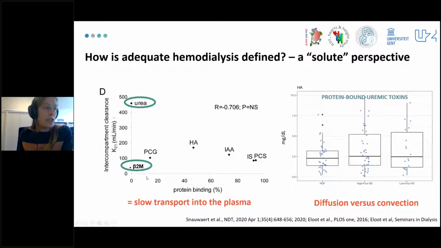If you then look at beta-2 microglobulin, the intercompartmental clearance is only 6% of that of urea. In other words, the shift from the deeper tissues to the plasmatic compartment is very slow for that molecule. Therefore, solutes like beta-2 microglobulin really need time to allow recruitment from the deeper tissue.